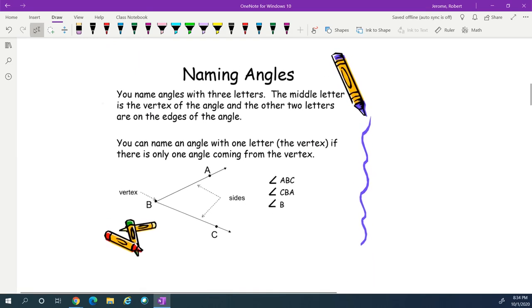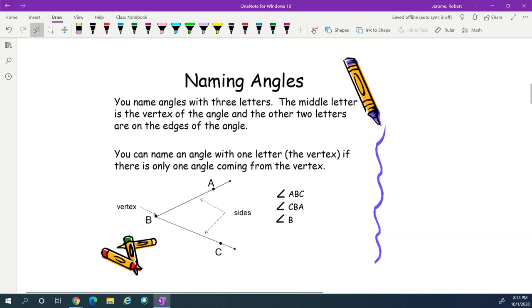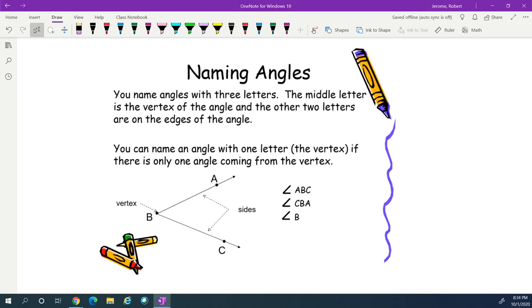Naming angles. So we name an angle typically using 3 letters. I'm going to trace the angle. And again, watch how I trace it, because that's the way we trace it, is they're going to give us the name. I want to start on one side.